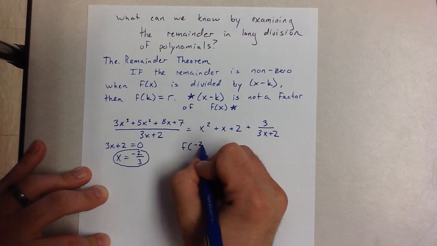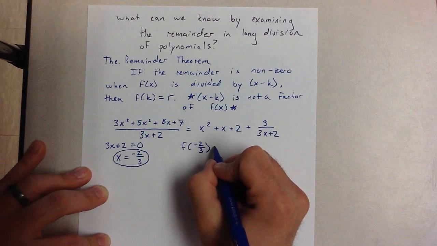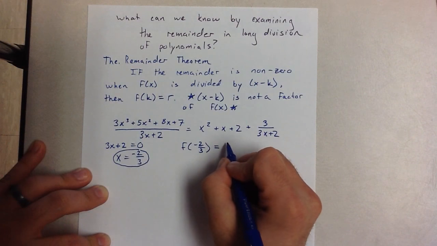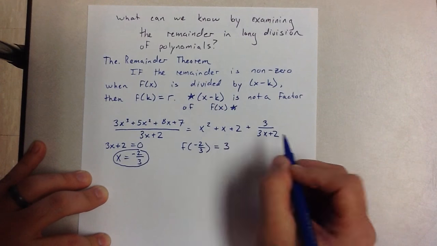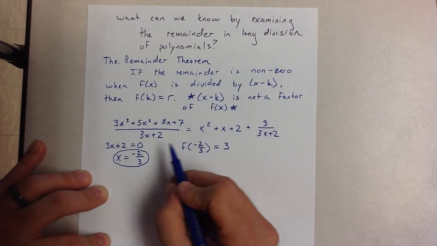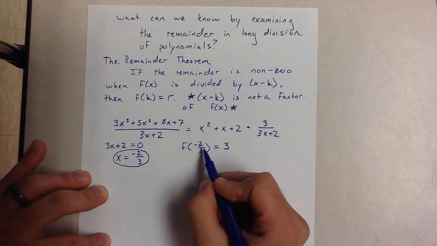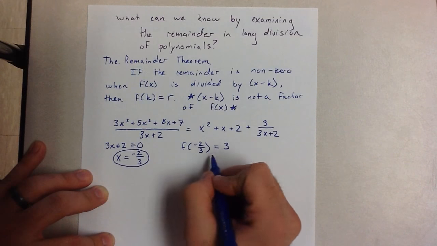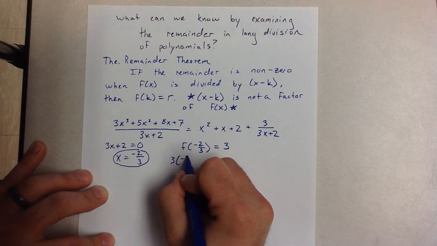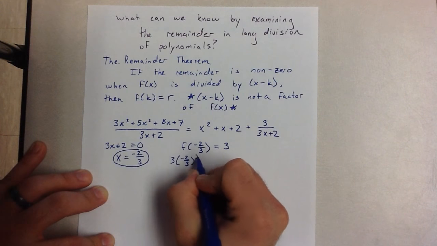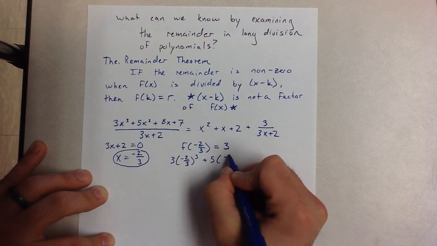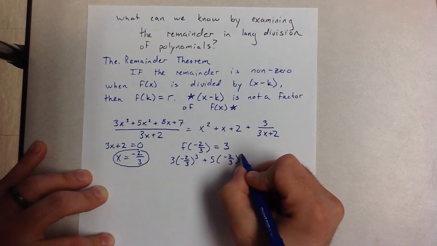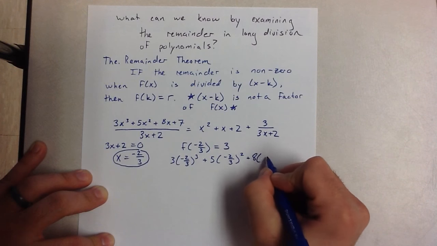So we place our value in, and we will get our remainder. That's true in general: when you place the k value into your function, you will get your remainder. You can do this in your calculator. You can pause the video and check this if you don't believe me, because I was a little doubtful at first.